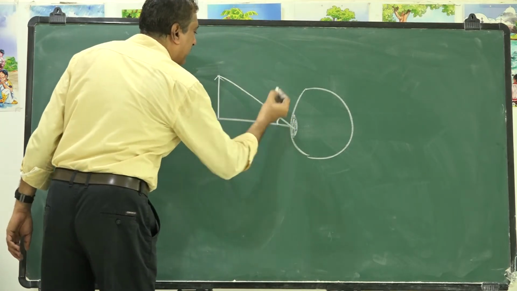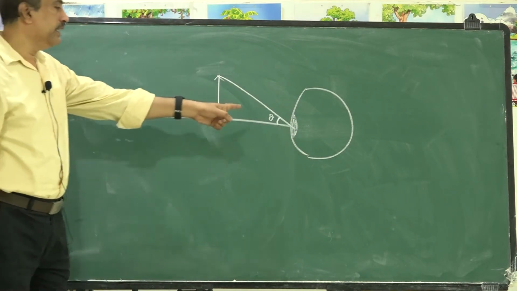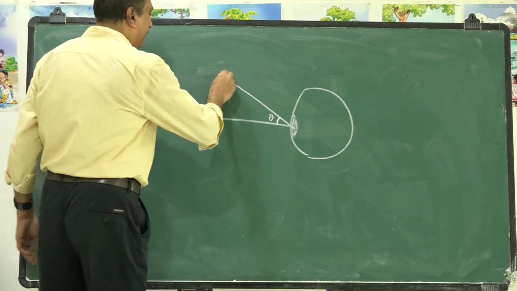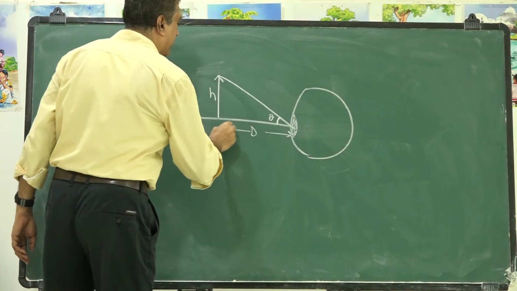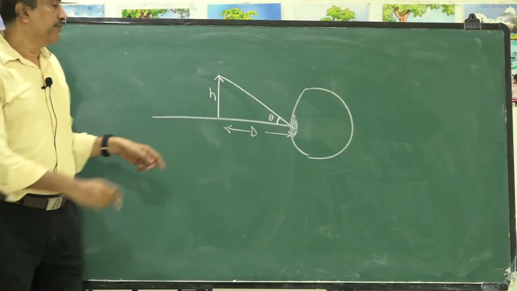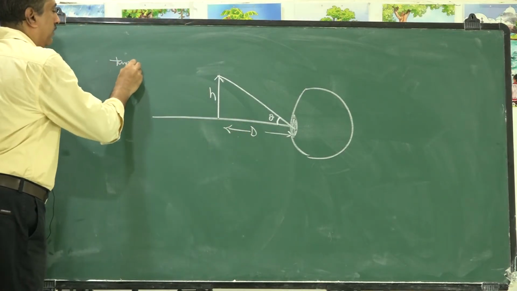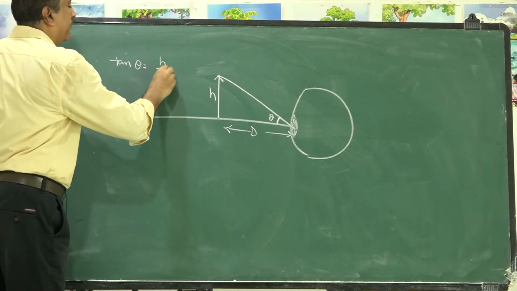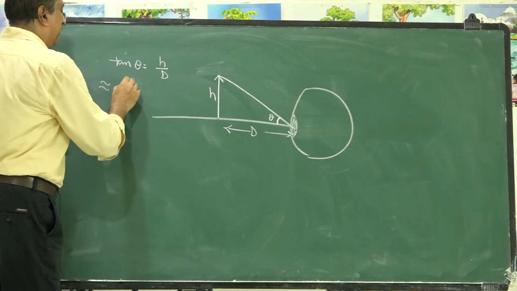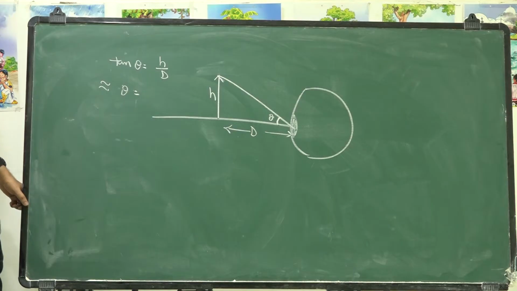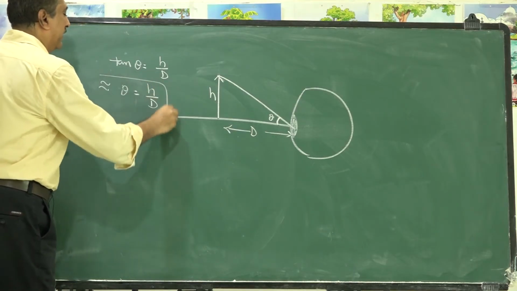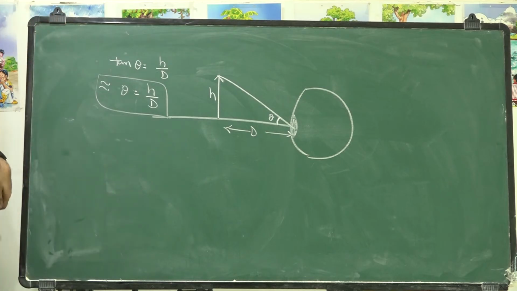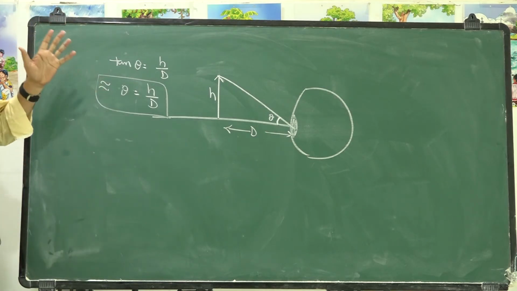This theta is called the visual angle if the object is at the least distance of distinct vision. Then tan theta is equal to h by d, which is approximately equal to theta for small angles. So theta equals h by d, and this is the visual angle at the least distance of distinct vision.